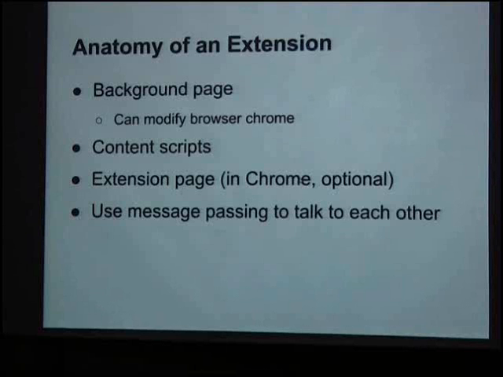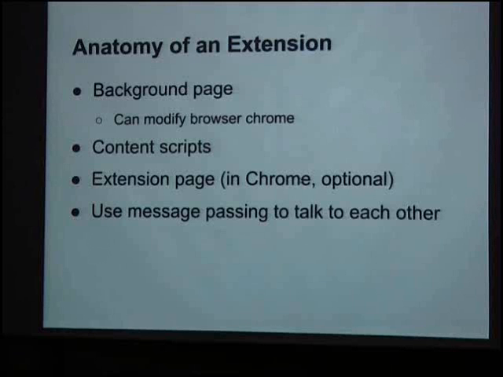Yeah, and because using message passing, everything is asynchronous. So, something happens in the background, and then eventually it arrives in the content script, and vice versa. But you can build your own RPC bridge. So, in a way, these security constraints are there to prevent malicious scripts from abusing extensions, because obviously, if an extension is implemented badly or in a sloppy manner, then if there weren't these bridges or gates between the different parts of the extension, you could have a rogue site get access to your local file system or something scary like that.